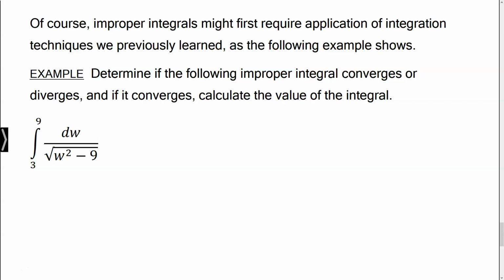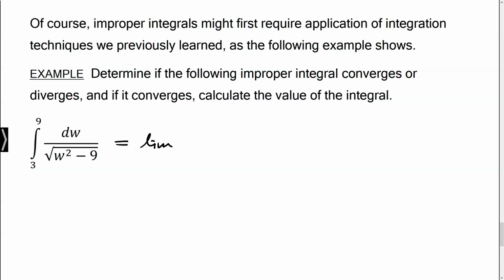We're going to integrate 1 over square root w squared minus 9 from 3 to 9. So the problem here, it looks like maybe 9 is the problem, but it's w squared. So the problem's actually at 3. It's blowing up to infinity as we approach 3 from above. So we need to do this as a limit.